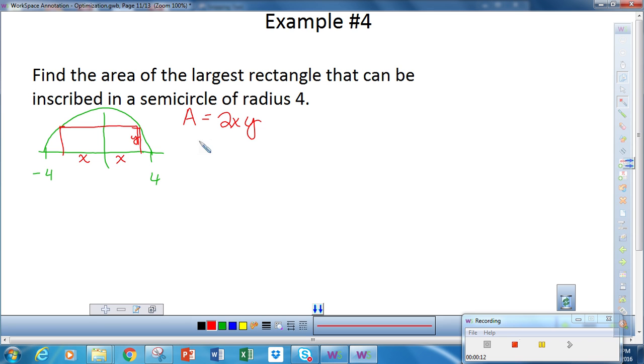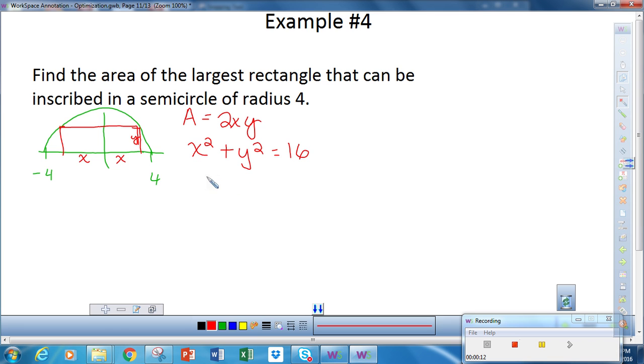If you recall from Math 1 or Math 2, the formula for the circle would be x squared plus y squared equals 16.